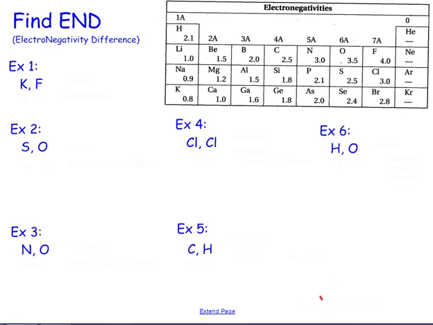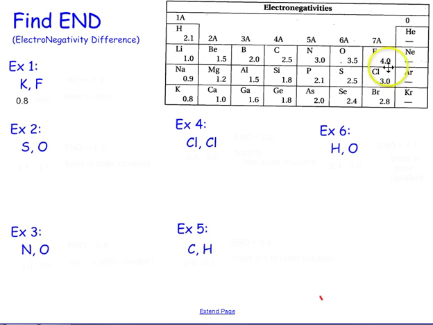So let's do a couple of practice problems, finding the END, the electronegativity difference. Here's a chart for your reference. The first example is potassium and fluorine. If we find potassium on the periodic table, we see that its electronegativity is 0.8.